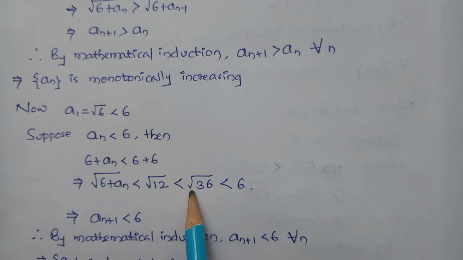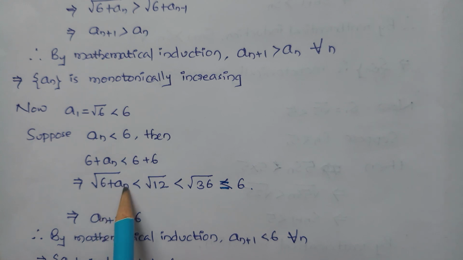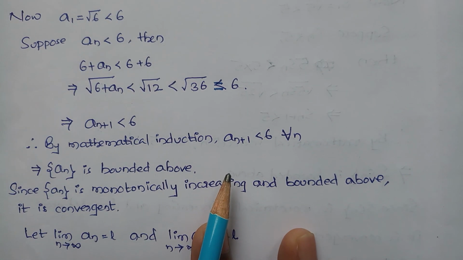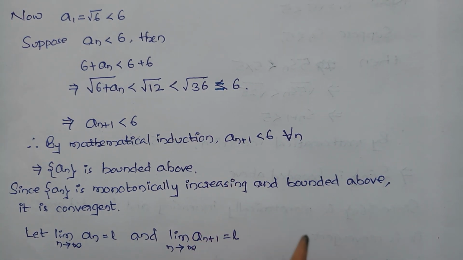Root 12 is less than root of 36, and root 36 is 6. Root of 6 plus an is a(n+1), so a(n+1) is less than 6. So by mathematical induction a(n+1) is also less than 6.